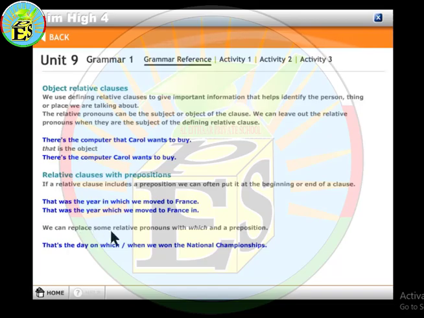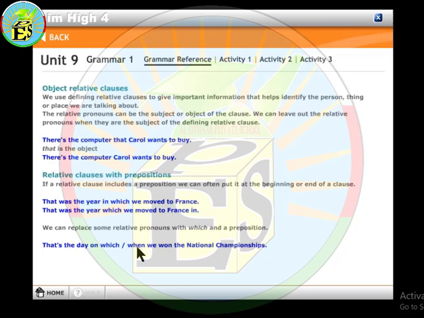We can replace some relative pronouns with which and a preposition. Like what? Look at this sentence. That's the day on which or when we won the national championships. Both of them are correct. Here the relative pronoun is when because we refer to time.